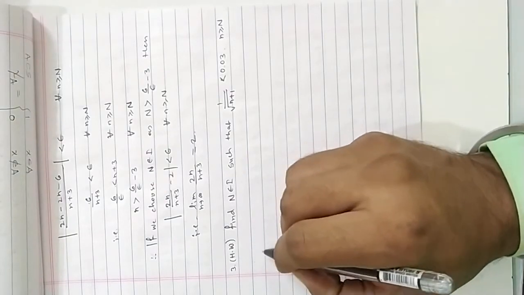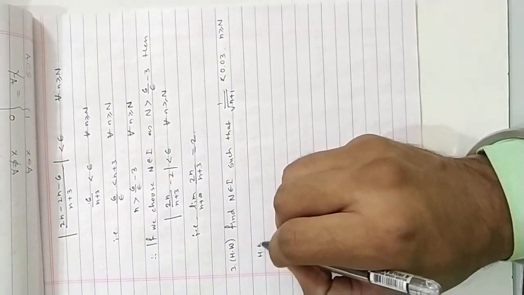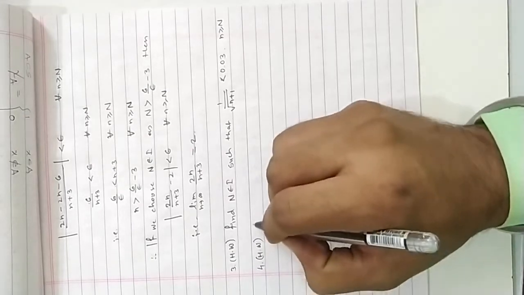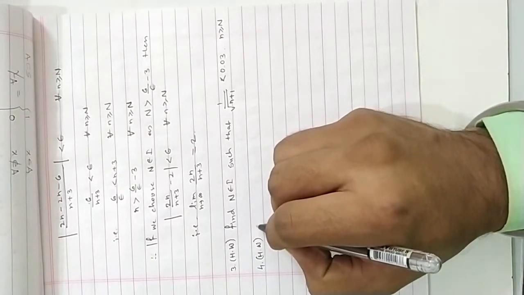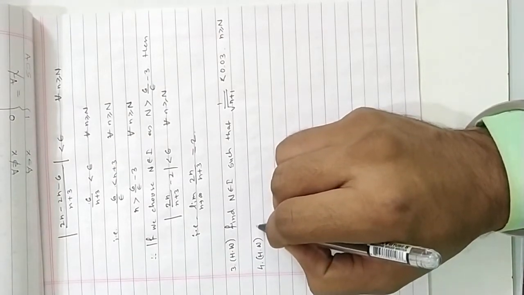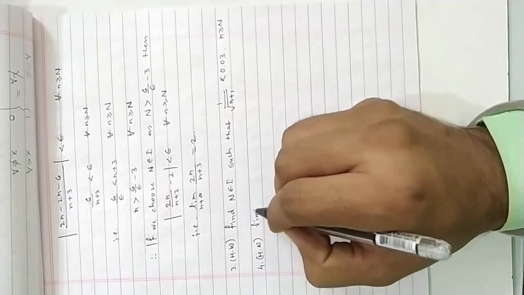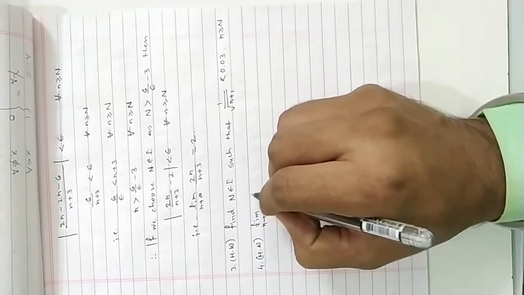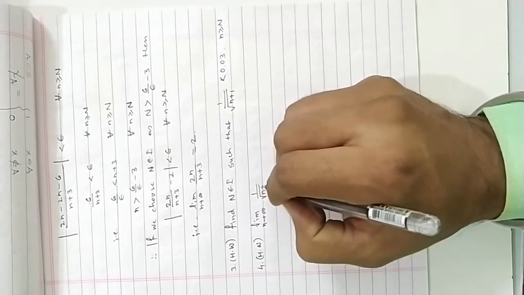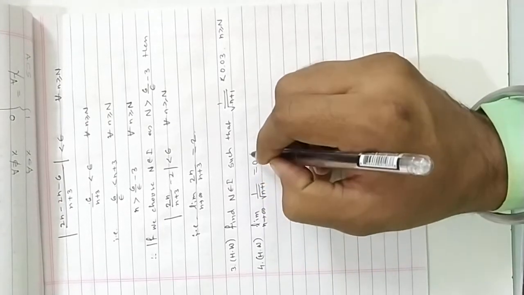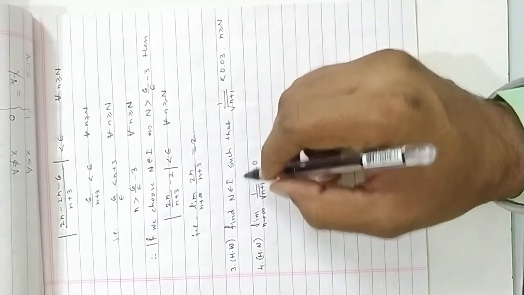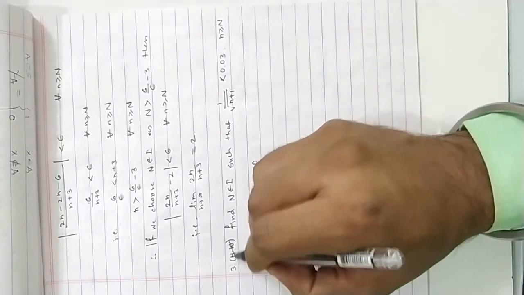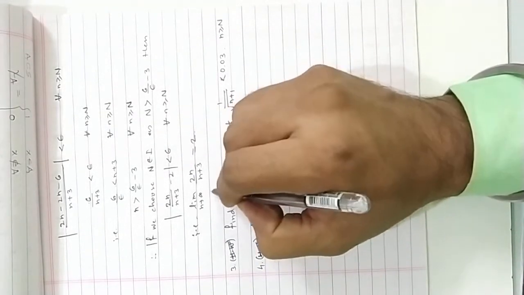The next example for homework also: the limit of 1 upon square root n plus 1 is 0. Try to show this. Instead of homework, take it as an assignment.